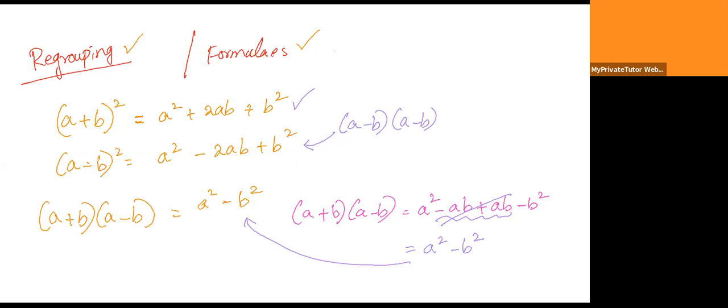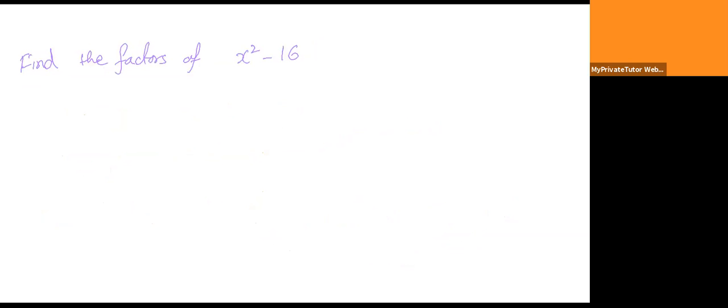You might get a question like this, have a look: x square minus 16. Find the factors of x square minus 16. So how do you find the factors? Please check.